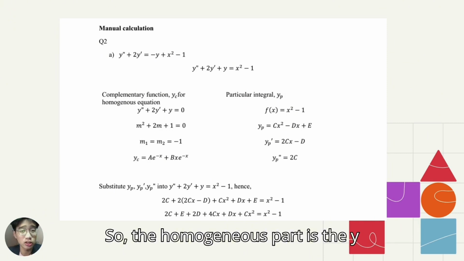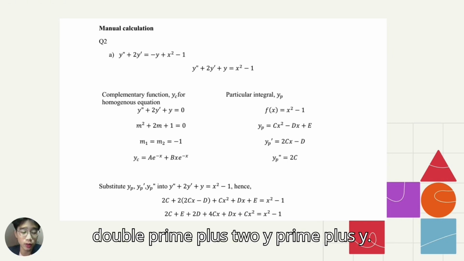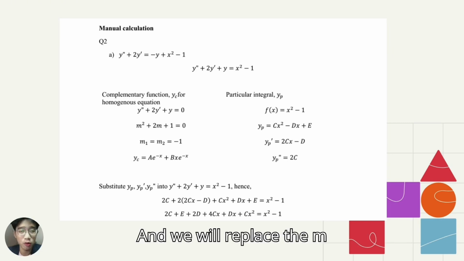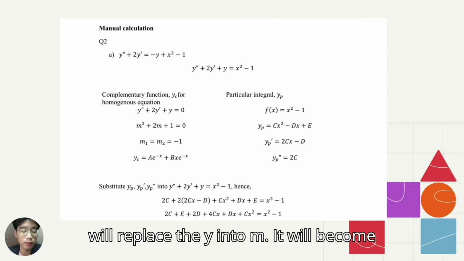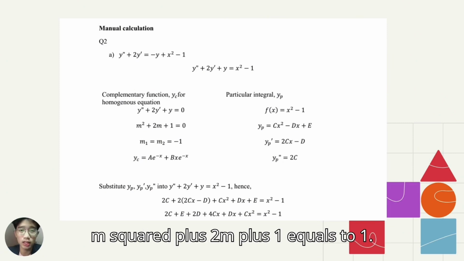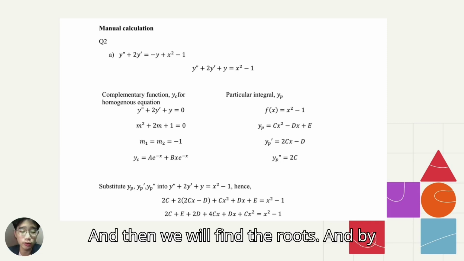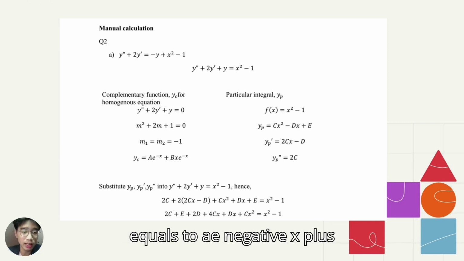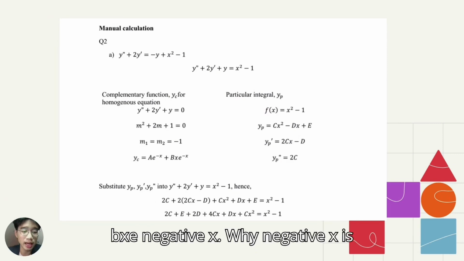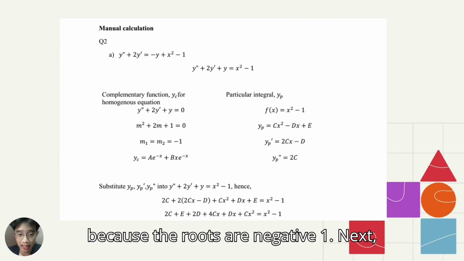The homogeneous part is y double prime plus 2y prime plus y. We replace y with m, and it becomes m squared plus 2m plus 1 equals 0, and then we find the roots. By referring to the table, yc equals Ae to the negative x plus Bxe to the negative x, because the root is negative 1.